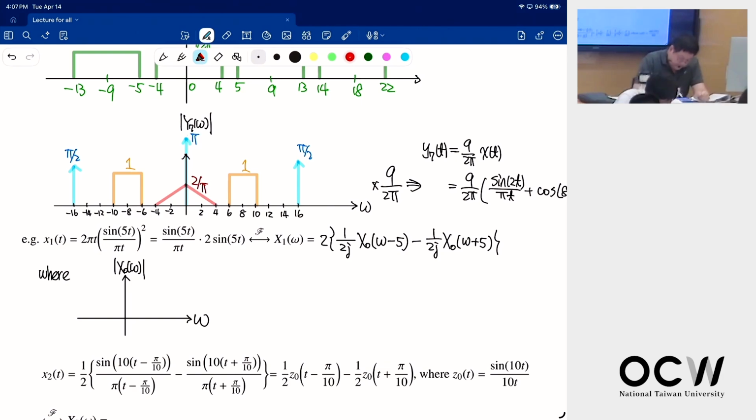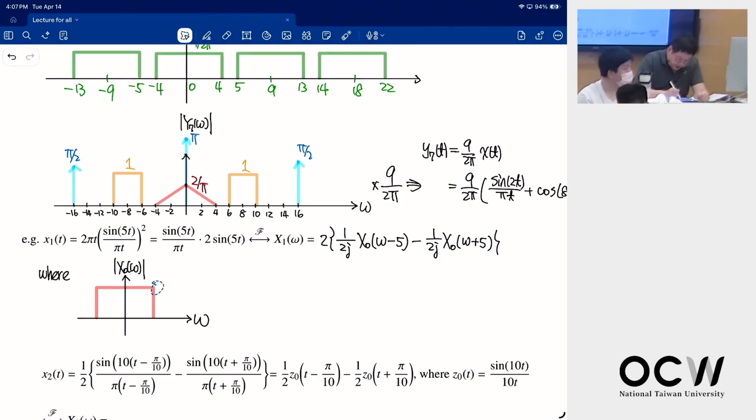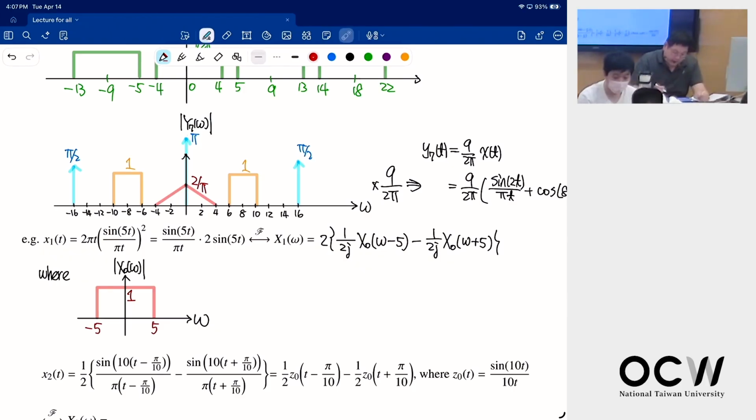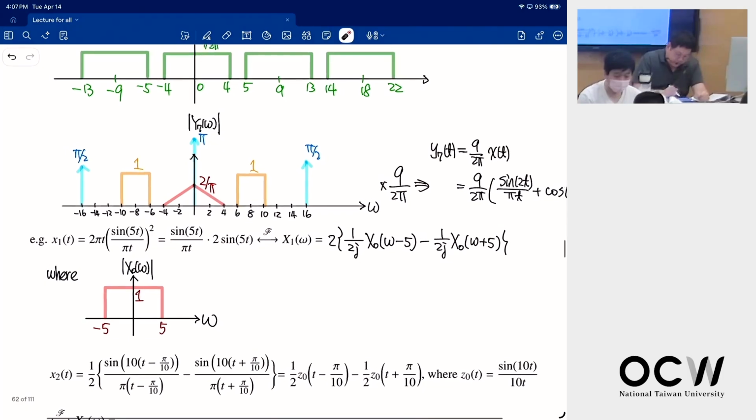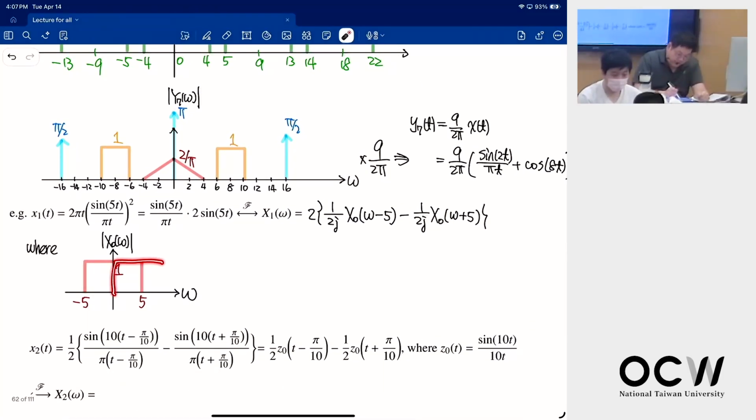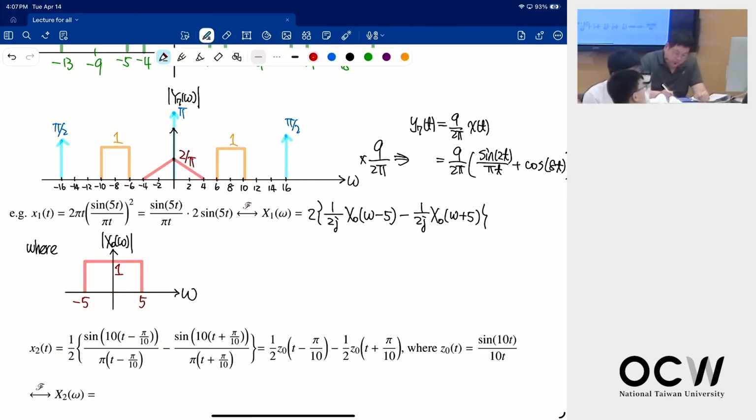So this is a frequency domain with here's -5 to 5. And you see that if I shift to the right 5, they'll be here, right? And shift to the left by 5 here. So overall, actually, what is your x1?